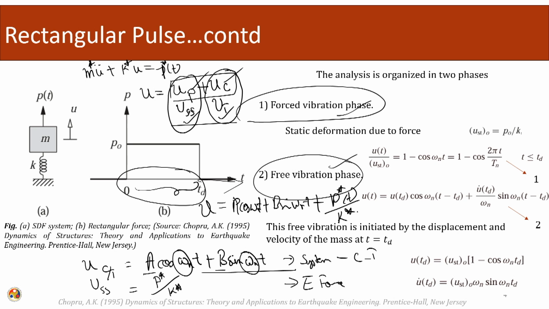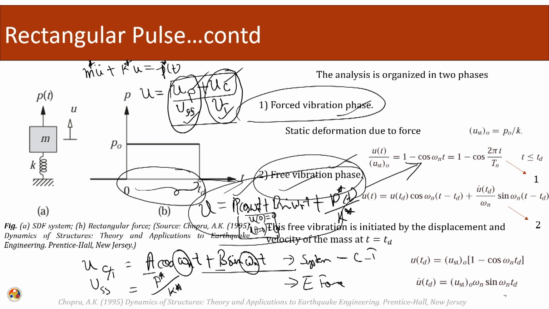When we apply the initial conditions, displacement and velocity at time t equals 0 are both 0, which means the system is starting from rest. From there we can calculate the constants A and B. Once we evaluate everything, we will get the solution like this.